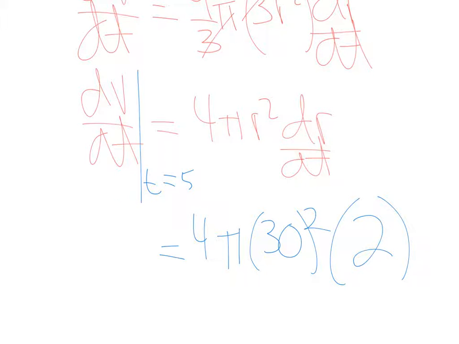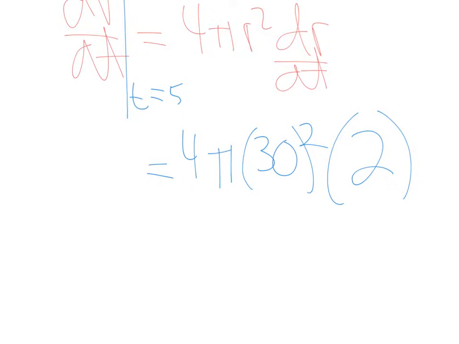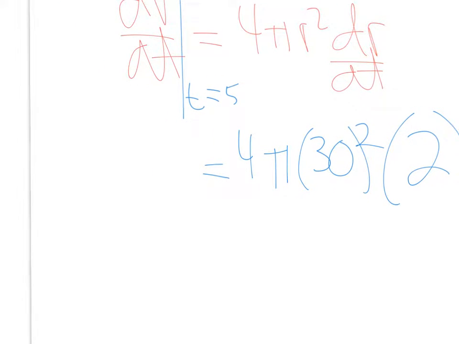And that's going to work out to 30 squared is 900. 900 times 2 is 1800 times 4. 18 and 18 is 36. That's 7200 pi, I believe. Yeah, so that equals 7,200 pi, and that is in feet cubed per minute.